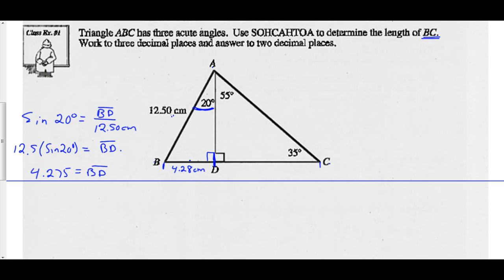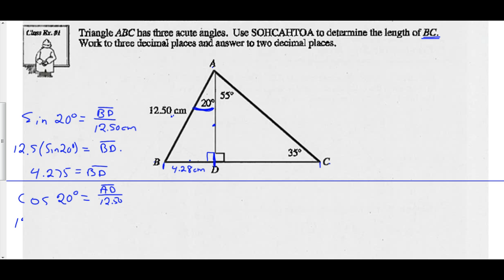Staying with triangle ABD, let's find the length of AD. Again, from the angle we're given, 20 degrees, this is our adjacent side, this is our hypotenuse. So the cosine of 20 degrees is length AD over the hypotenuse, 12.50.